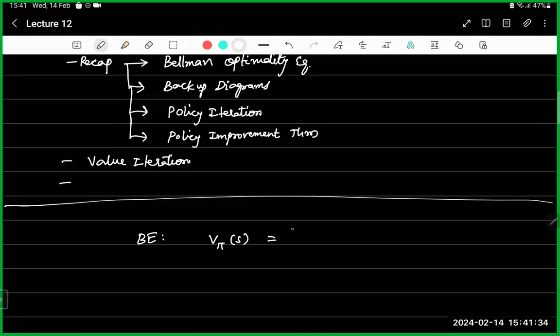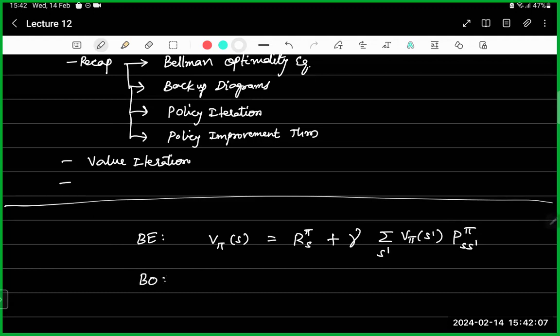The immediate reward that you get for playing policy pi in that state S, plus gamma times the remaining return. The remaining return will be v pi of S dash, and we don't know which state we'll go into, so we sum over all possible states, multiplying with the respective probabilities of going to that state S dash from state S when you act according to policy pi. This is the Bellman expectation equation.